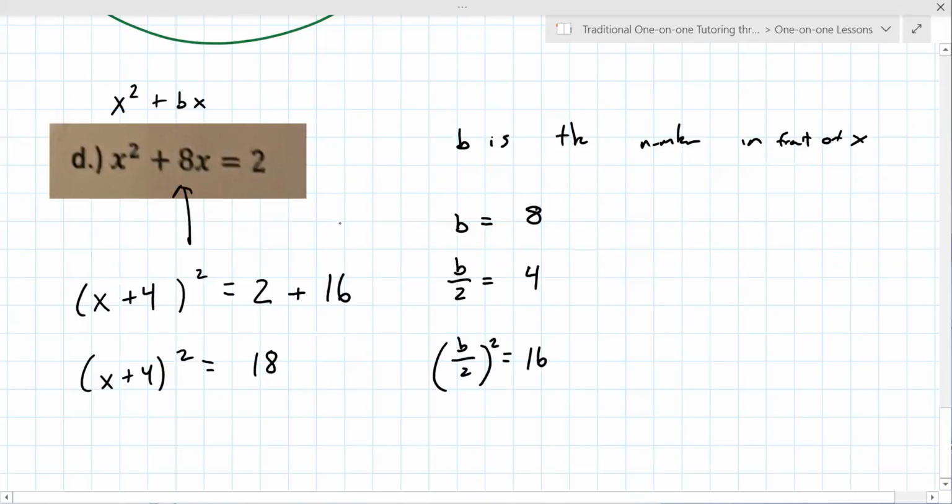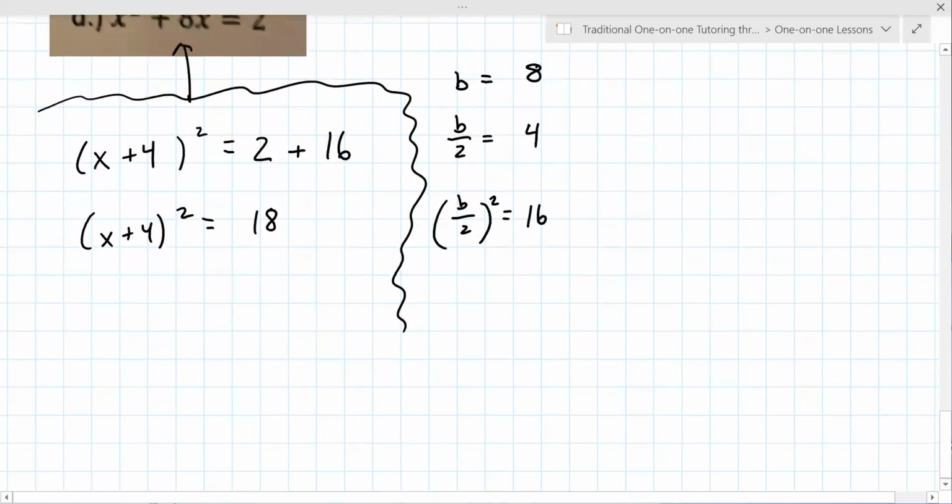All right. So you want to write everything down kind of in this area.